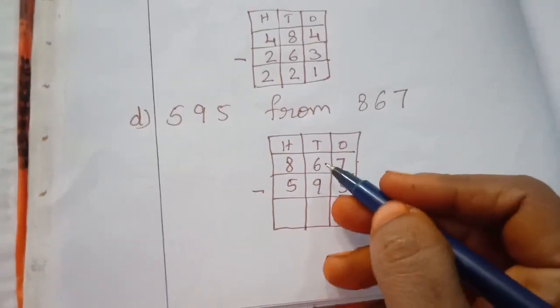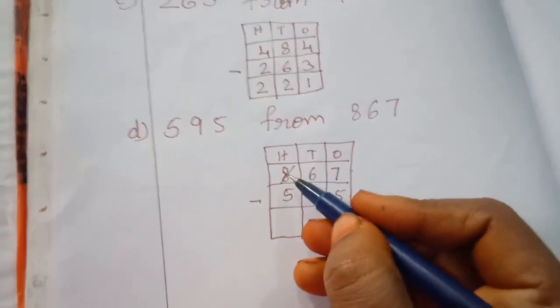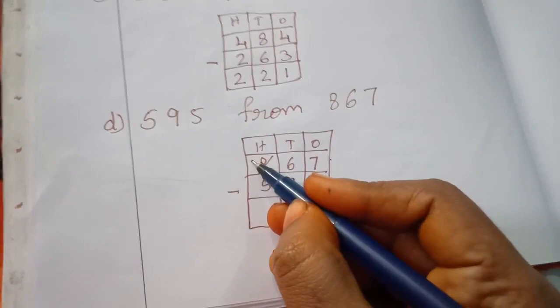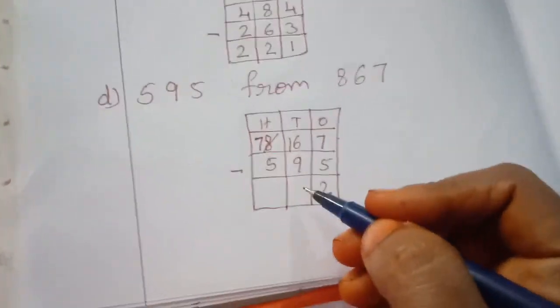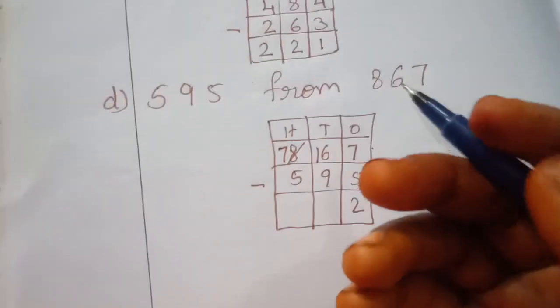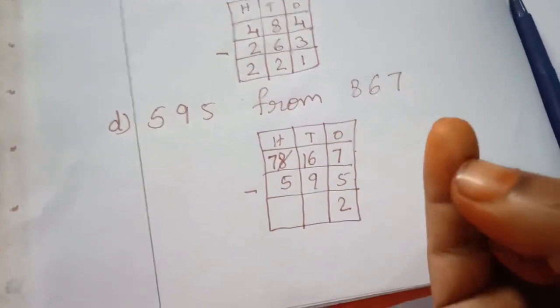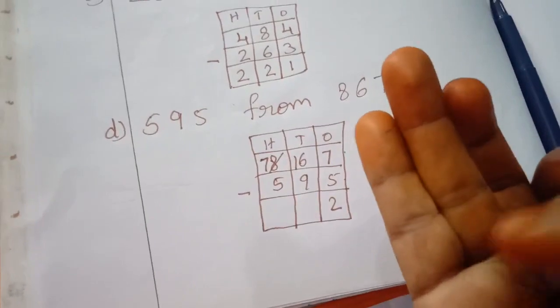Here 9, here 6. In the 6, 9 will go? No. You should take borrow from the next place. Here 8. In this 8 you should take borrow. Here 16, here 7. In the 16 you should cut 9. 9 after, up to 16 you should count. 9 after 10, 11, 12, 13, 14, 15, 16.